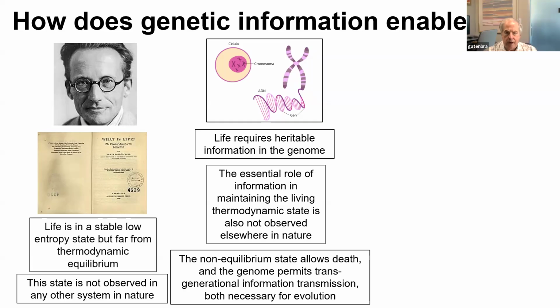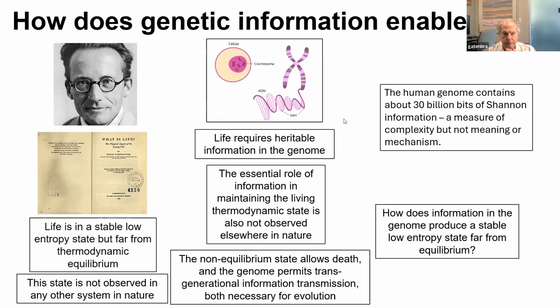But that said, there's really no clear way to link the two. The human genome contains perhaps 30 billion bits of Shannon information, but that's really just a measure of complexity. Shannon information, of course, does not say anything about meaning, nor does it say anything about mechanism. I think the difficulty here is clear in unit matching.